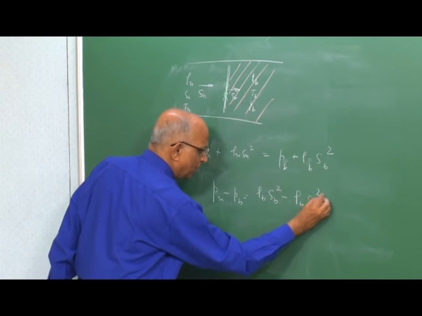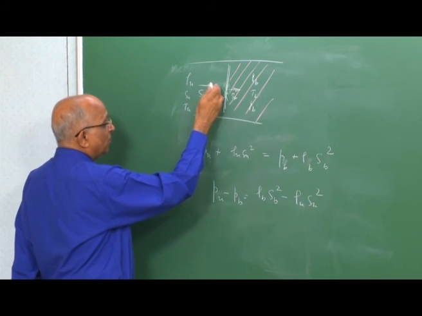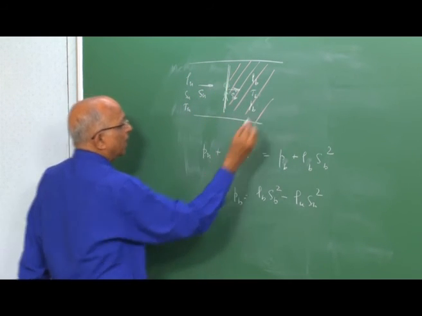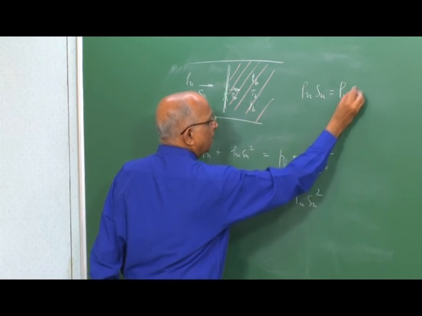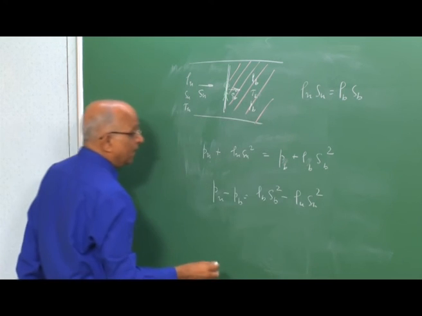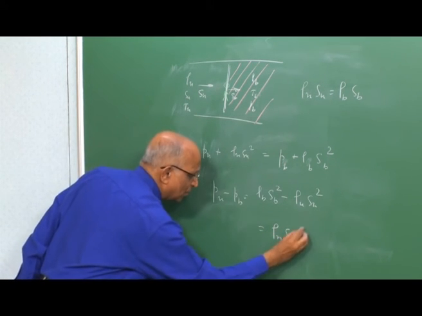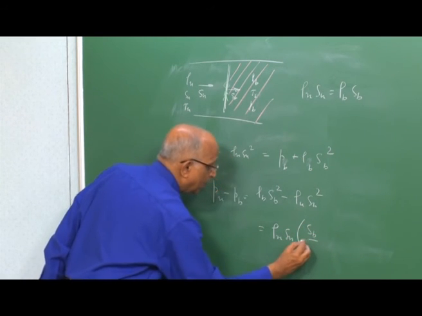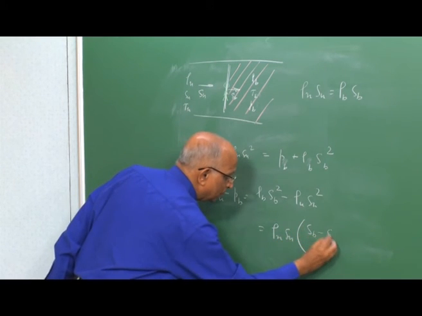But from continuity, I also know that the mass flux coming in is equal to the mass flux leaving, or per unit area, rho u into SU is equal to rho b into SB. I can write this as rho u SU into SB minus SU.